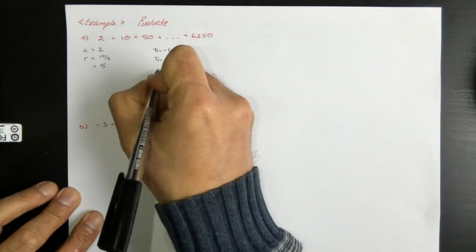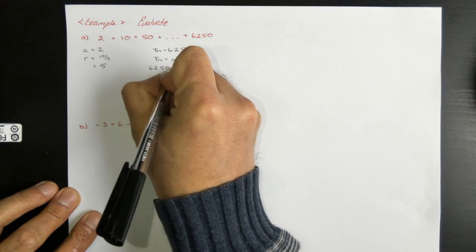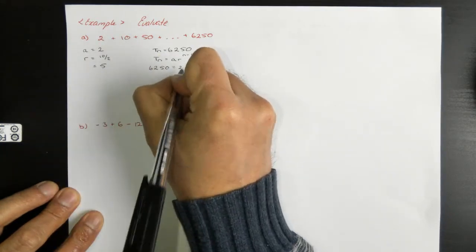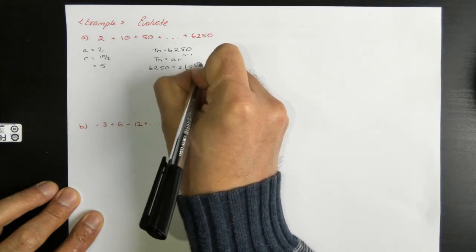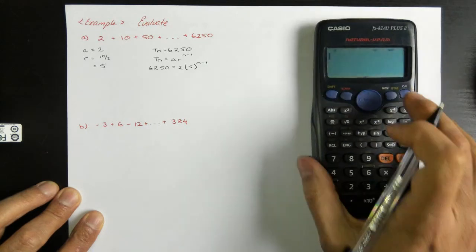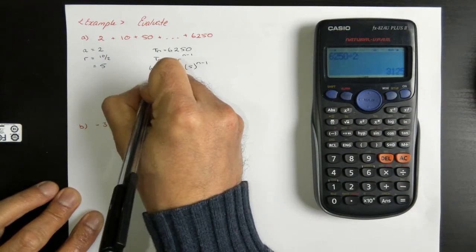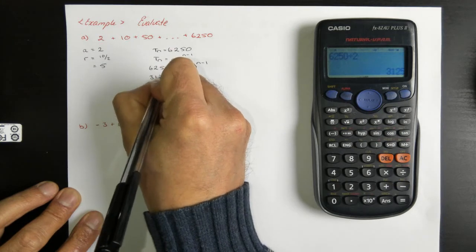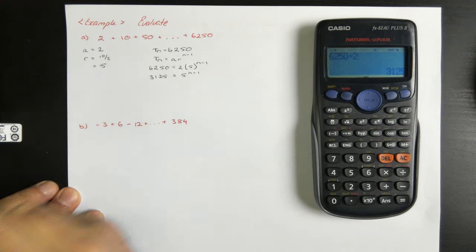So if we've got 6,250, a equals 2, r is 5, and we want n minus 1. 6250 divided by 2, we get 3125 is equal to 5 to the power of n minus 1.